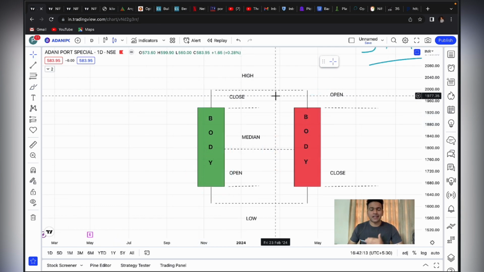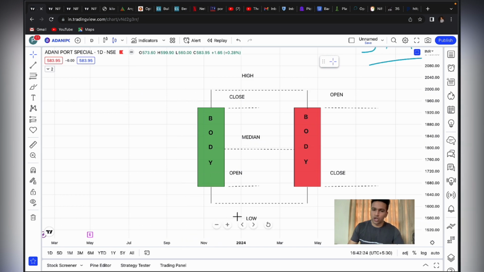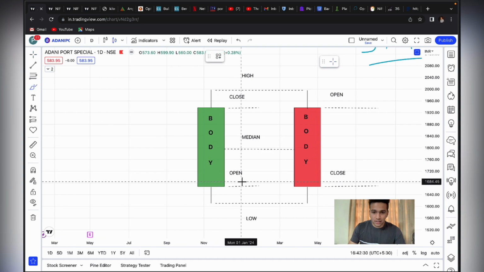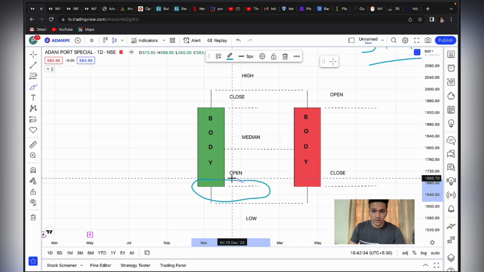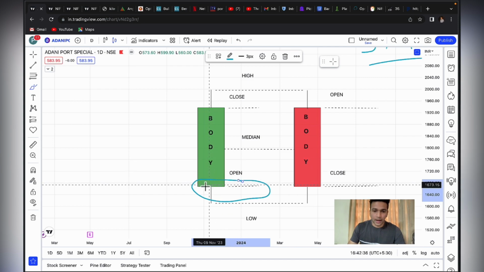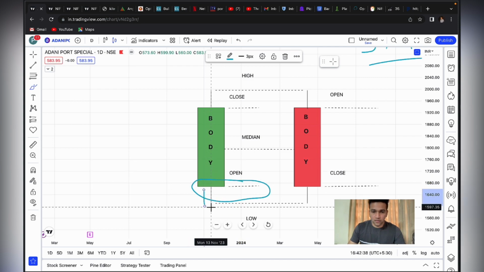To understand candlesticks properly, we'll talk about the open, high, low, and close. Let's look at the example of this bullish candle, which is colored in green. This candle's open is here and it made a low of this.